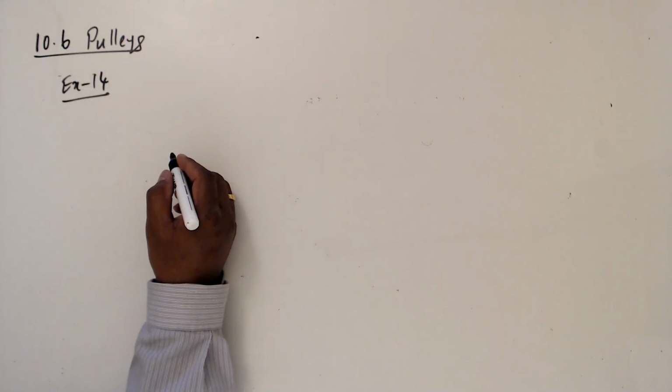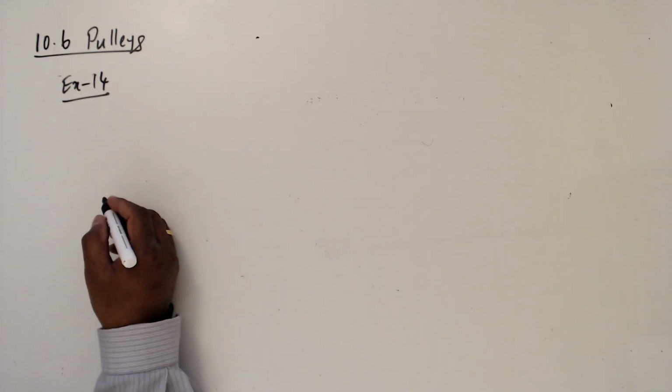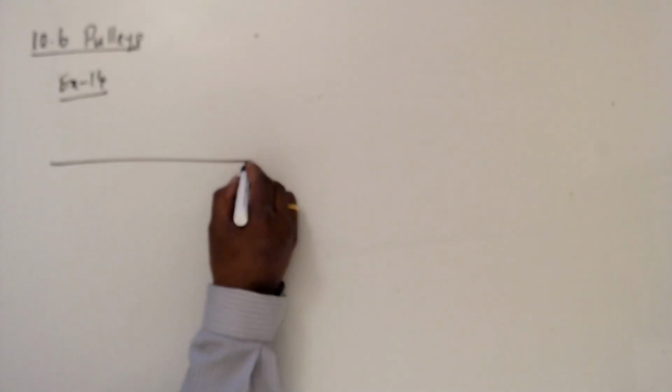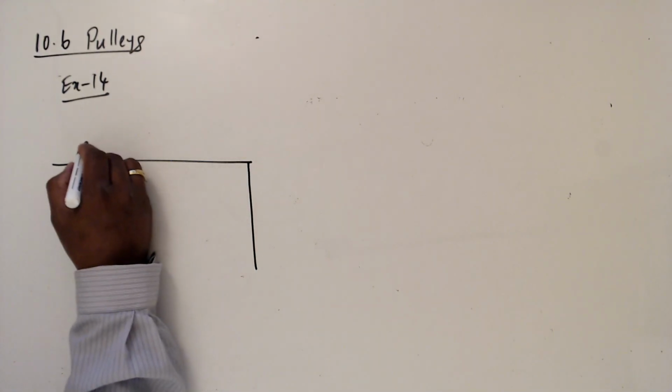Example 14, A and B are two masses on a horizontal table. We'll draw this one.